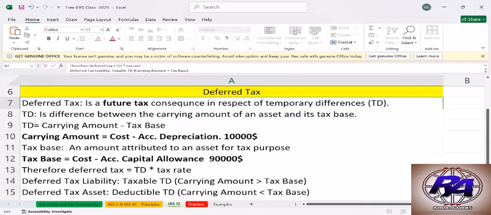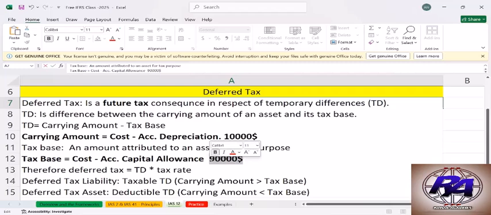Keep this one: anytime the carried amount of the asset is greater than the tax base. In this question, the carried amount is $100,000, which is greater than the tax base. The result is that we will get what we call taxable temporary difference.